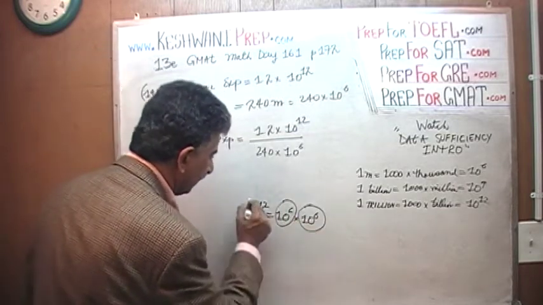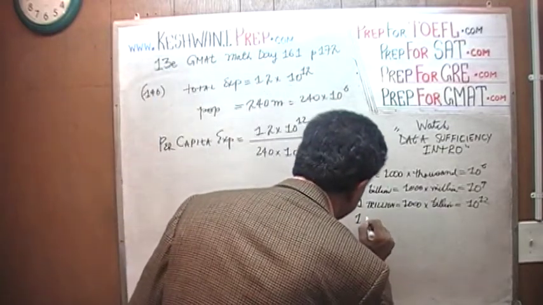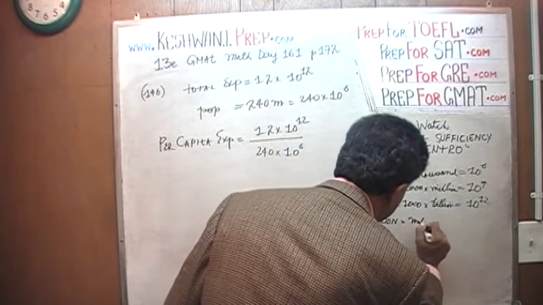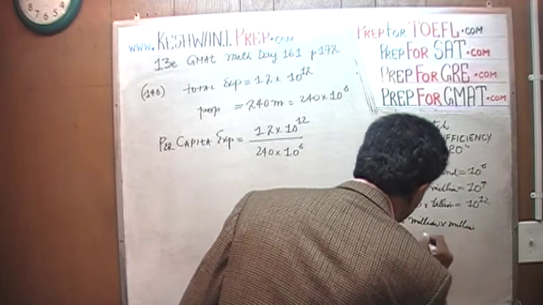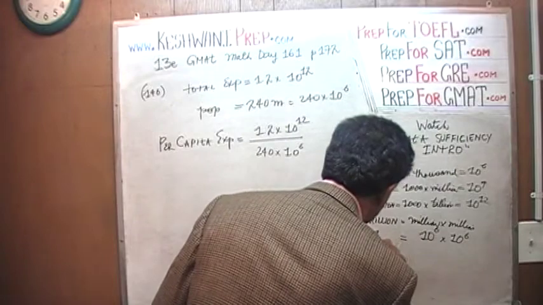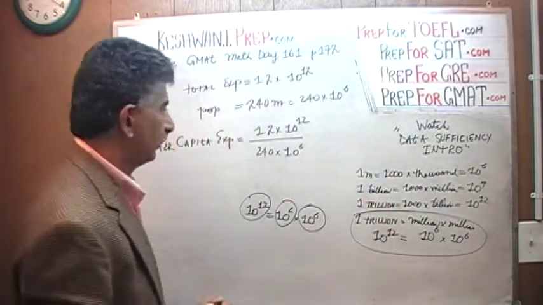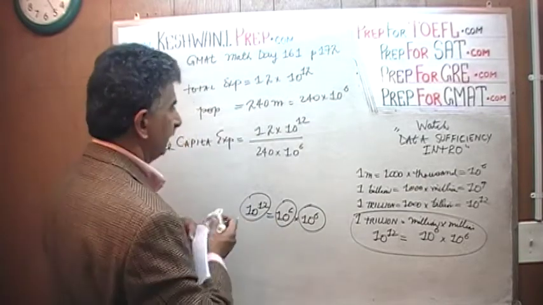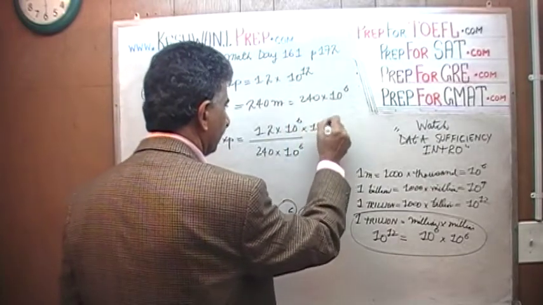A trillion is a million times a million. So we're going to replace this 10 to the 12 by 10 to the 6th times 10 to the 6th.